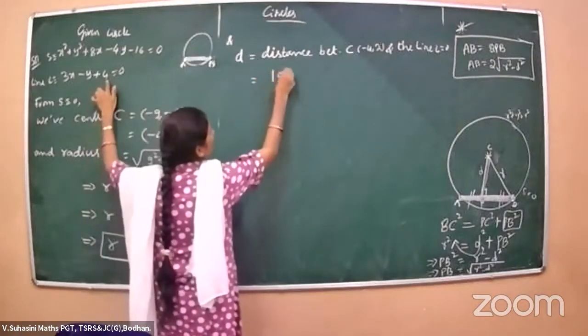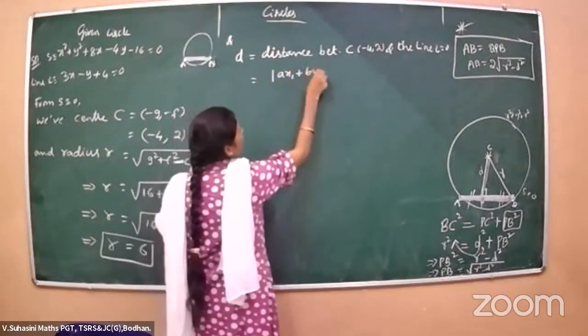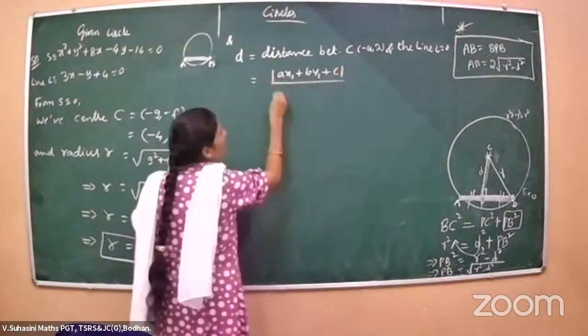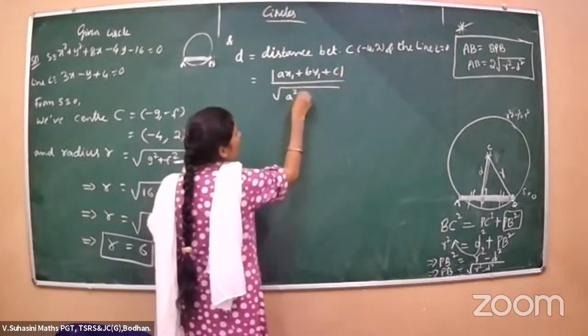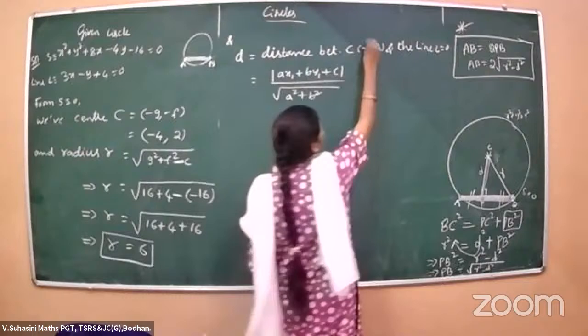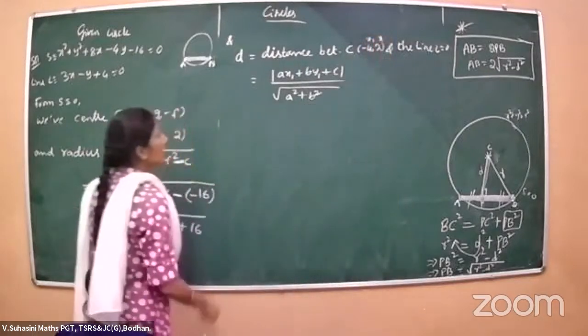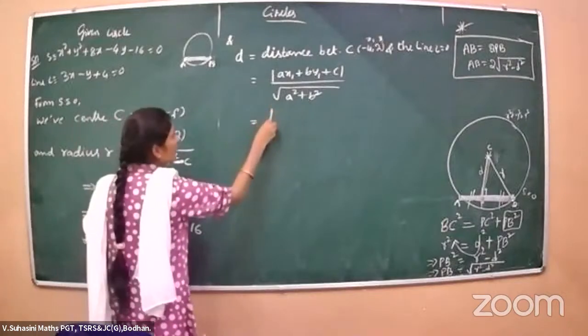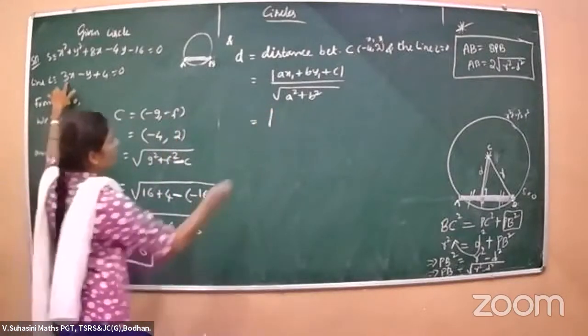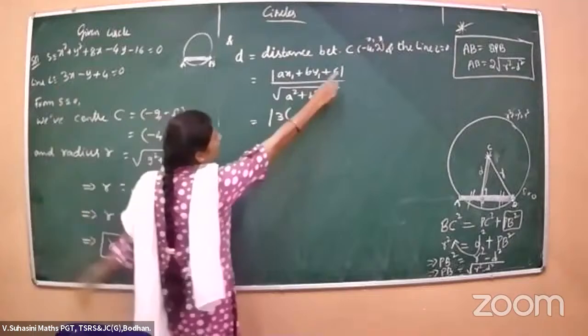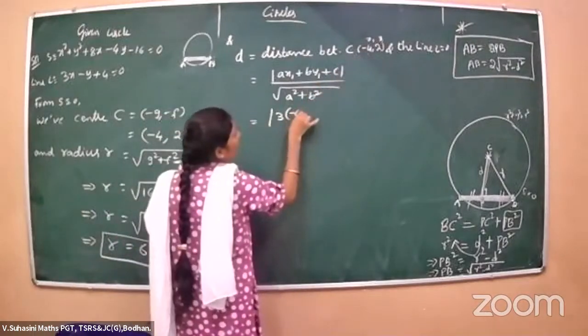Write the formula: mod ax1 plus by1 plus c, bar, root a square plus b square. What is a? What is x1, y1? Center. What is a, b, c? That will be known from the line. A is 3. x1 is minus 4.